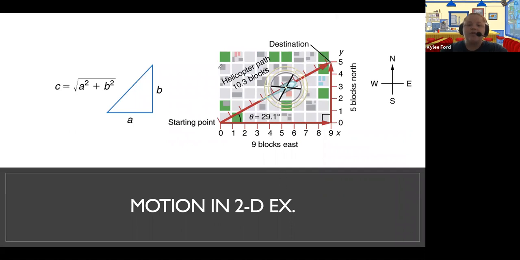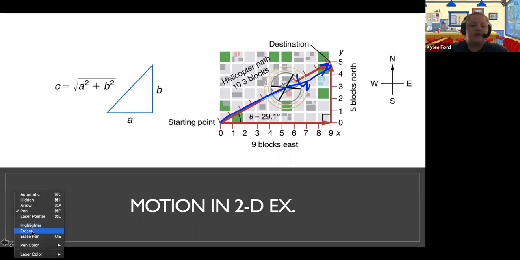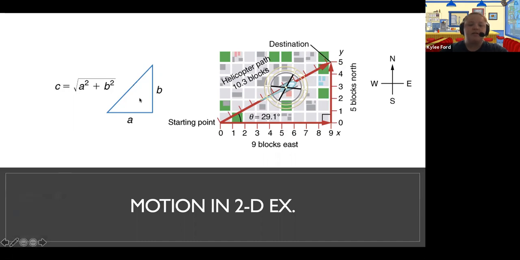When we are analyzing our motion in 2 dimensions, we can start looking at what is called displacement, and hopefully you guys remember that from last week. Now we are going to look at that in a different way. I just wanted to remind you guys of the Pythagorean theorem.